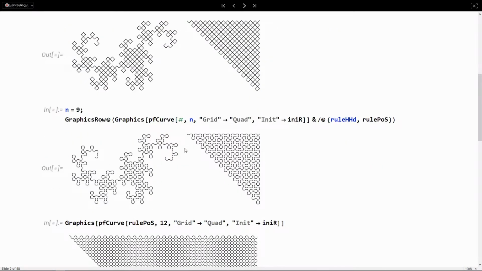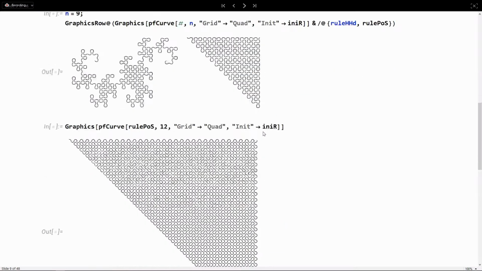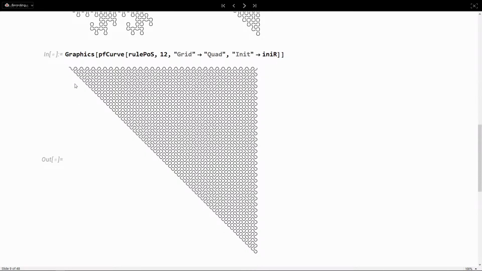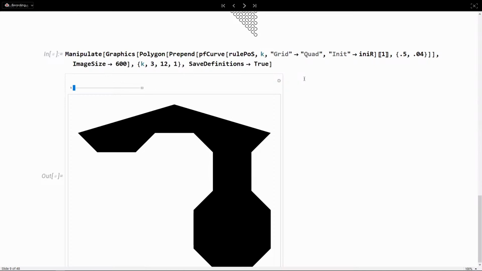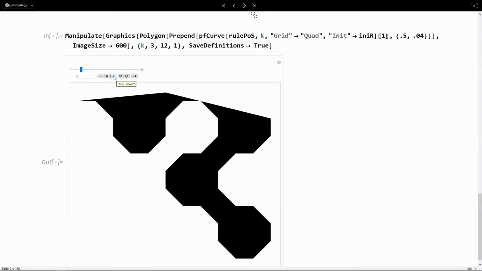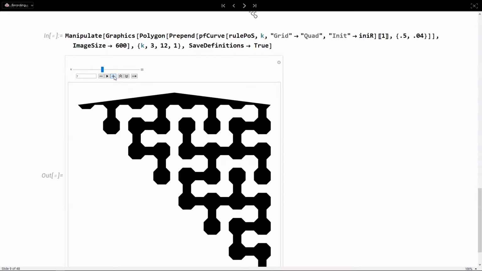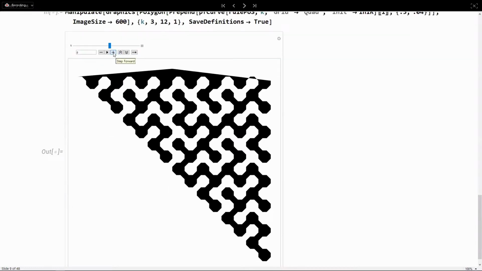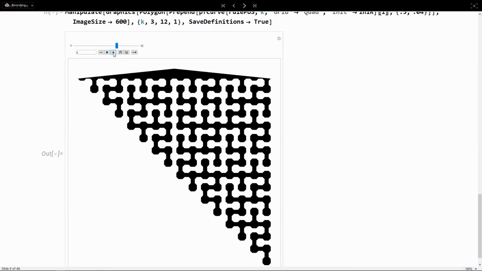And here we have, in the rounded corners, here's step 9. The dragon curve looks a little bit different with the rounded corners, and you can kind of see what's happening with the Polya sweep now once the corners have been rounded. Here's a larger image for the Polya sweep, and we can use some code to look at various steps of how the Polya sweep is growing, like so.